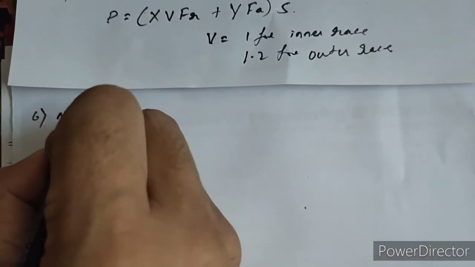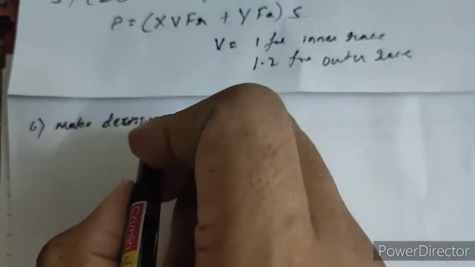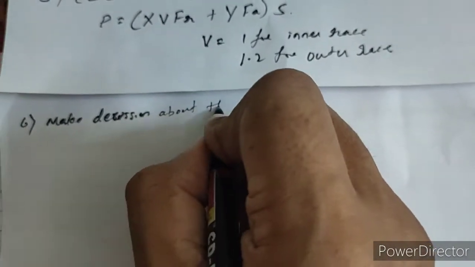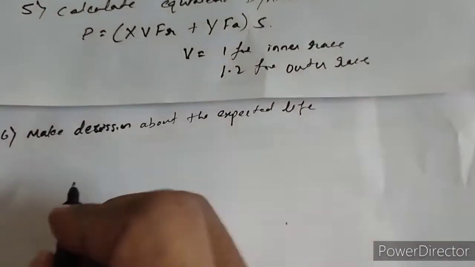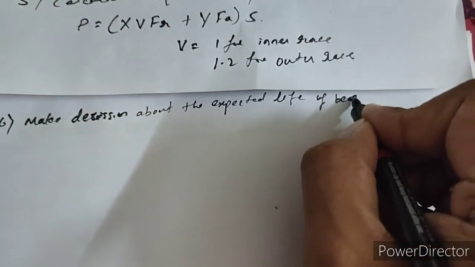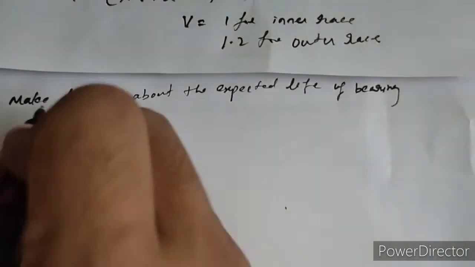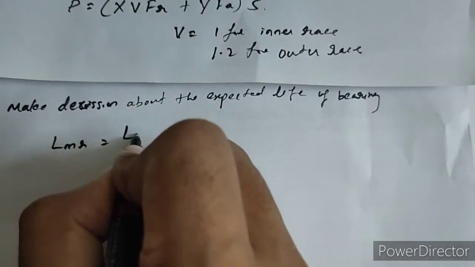Then the sixth step, to make a decision of expected life by using the equation L_MR equals L_H into 60 into N divided by 10 raised to 6.